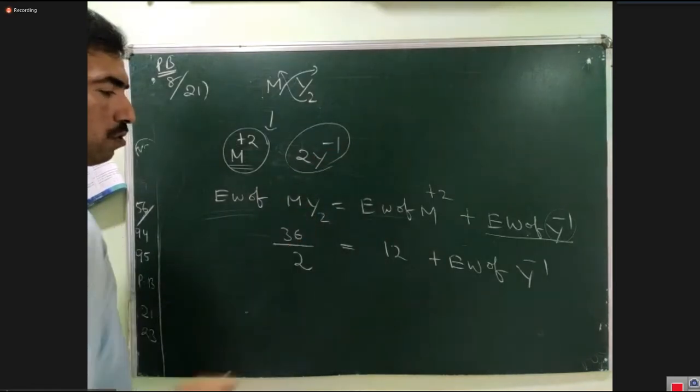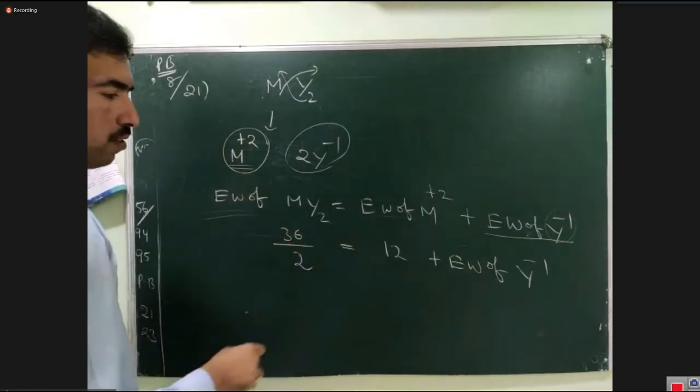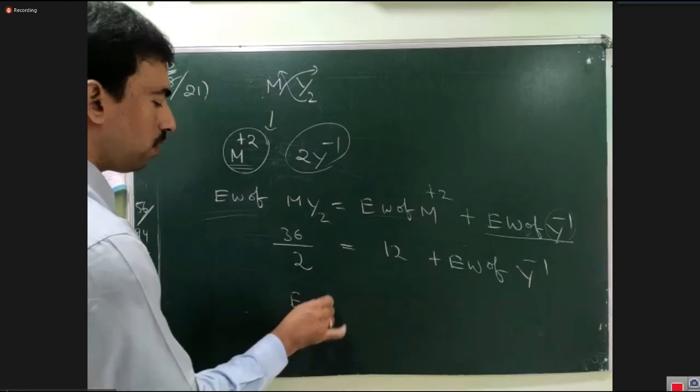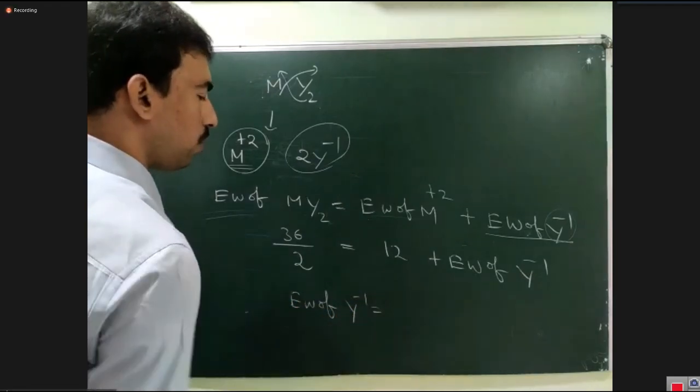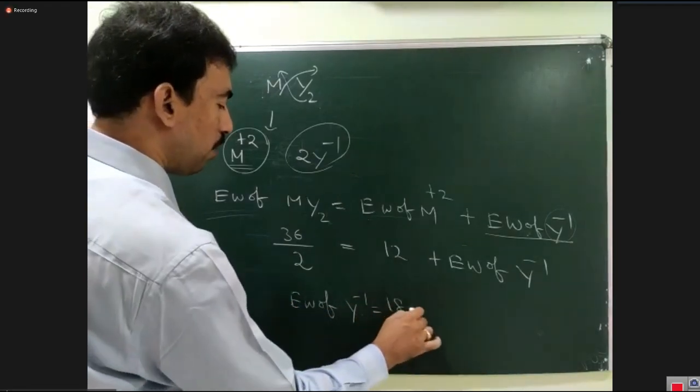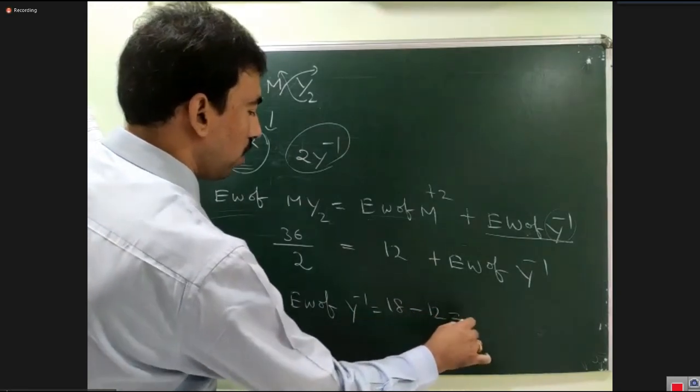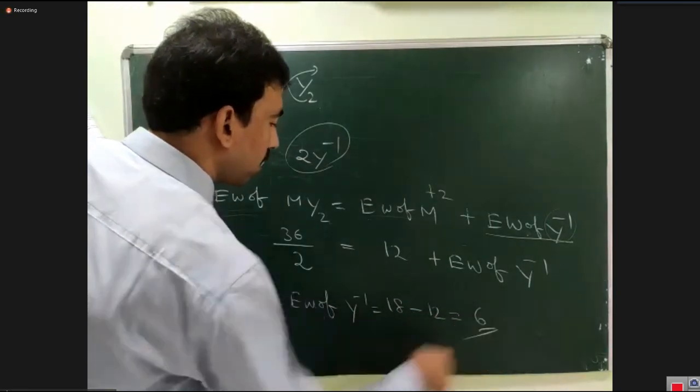The molecular weight of MY2 is 36, so 36 by valency 2, so it is 18. So the equivalent weight of Y minus is equal to 18 minus 12. That is 6.